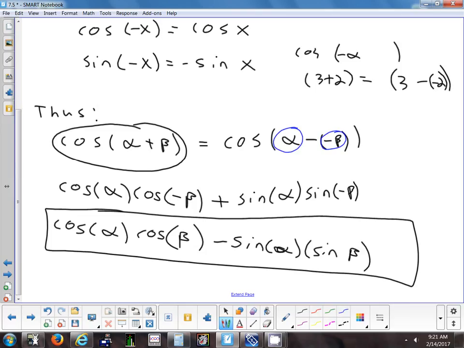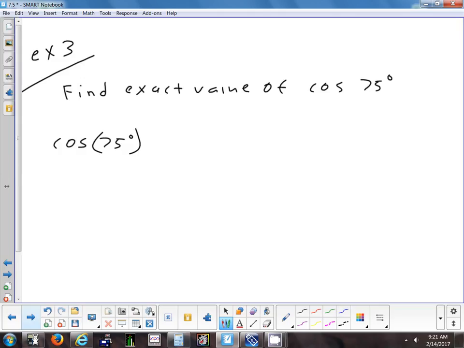Anything that's a 45 we should already have memorized, and a 30. But think about combining those two together. What do you get if you combine those together? A 75. So we can now figure out cosine 75. Maybe you can figure out a subtraction. You probably could. You could figure out two things you could subtract to get 75, and you could do it the other way. But when I think 75 in my head, the easiest thing I can think of is two numbers that add to give me 75.